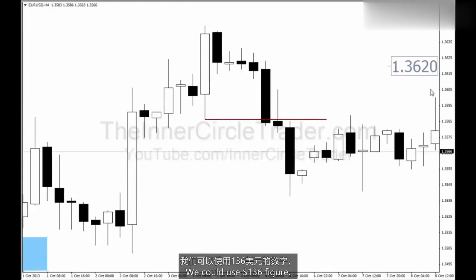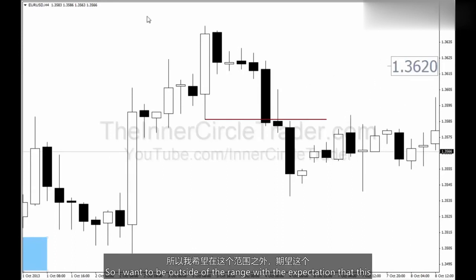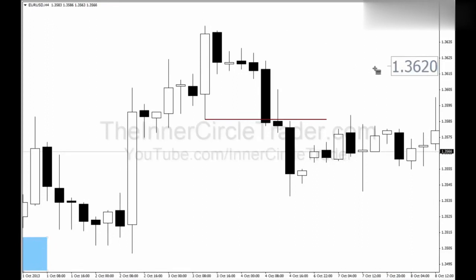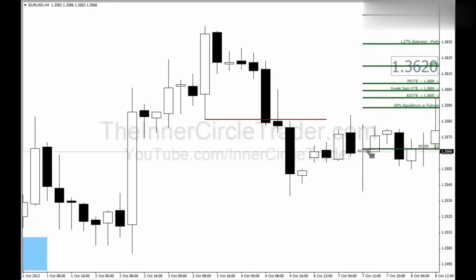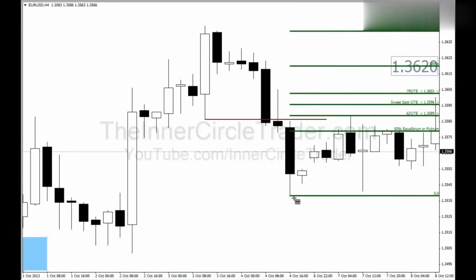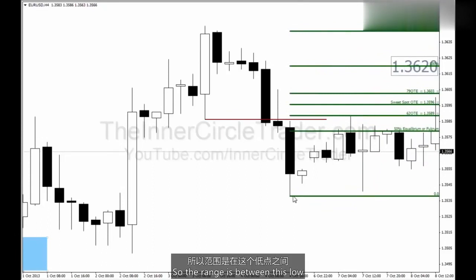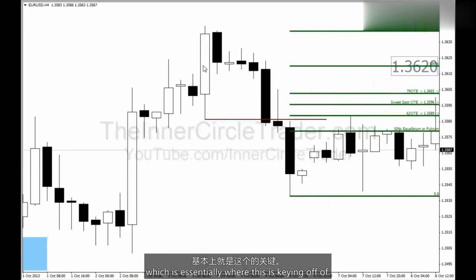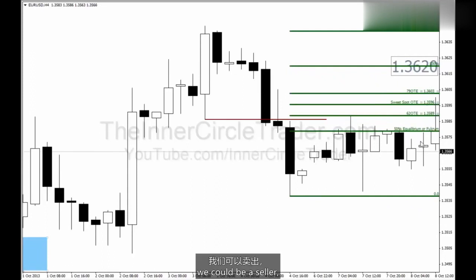We could use the 136 figure, but it's very close to the level here, so I want to be outside of the range with the expectation that this market may in fact roll over. Okay, I'm using the lowest low here, prior to that 136.20. So the range is between this low and the institutional level, which is essentially where this is keying off of. And if price gets up into these levels here, we could be a seller.